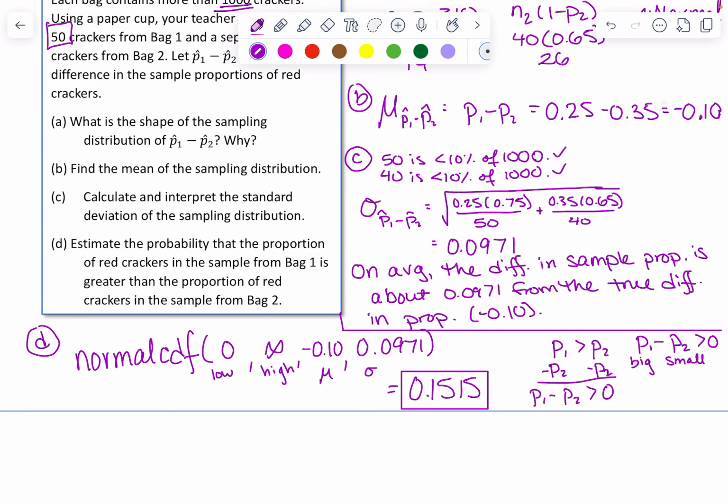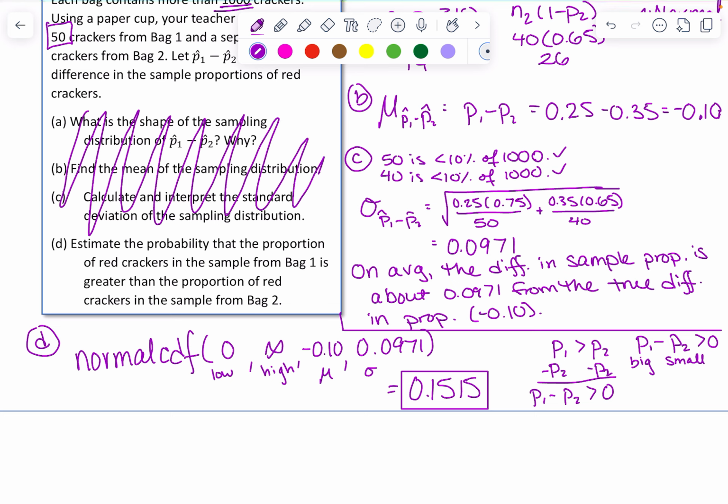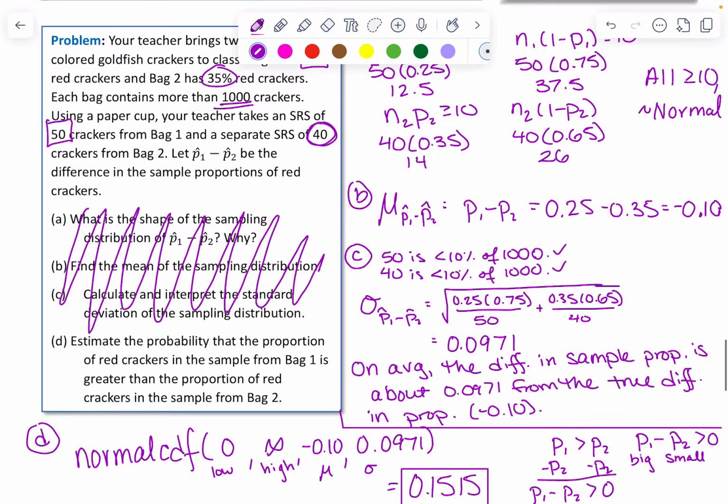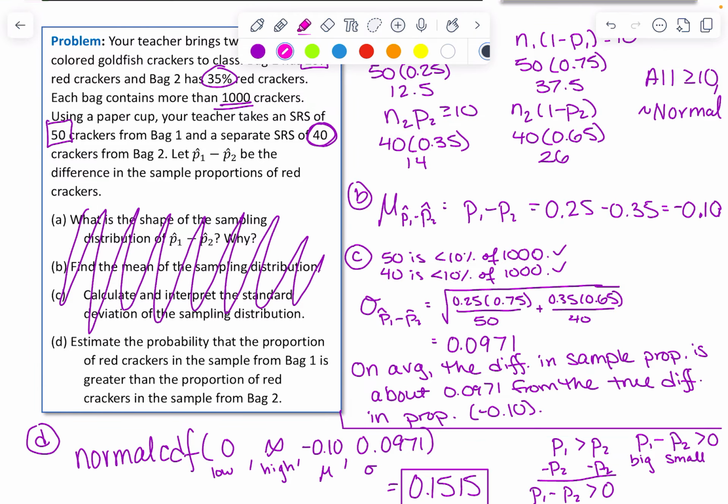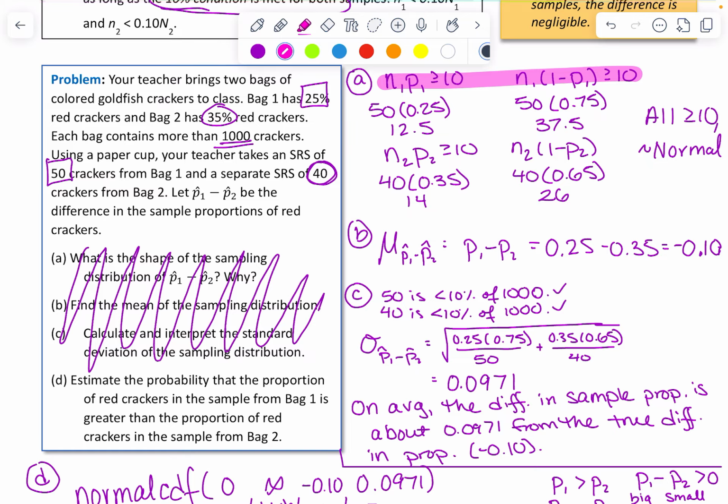Okay. On your quiz, you're going to have a problem like this, where it's two proportions. They're probably not going to have this question. It'll just say, what's the probability? It's not going to tell you straight up, but I'm going to say, make sure you check conditions. So you're going to need to check large counts.